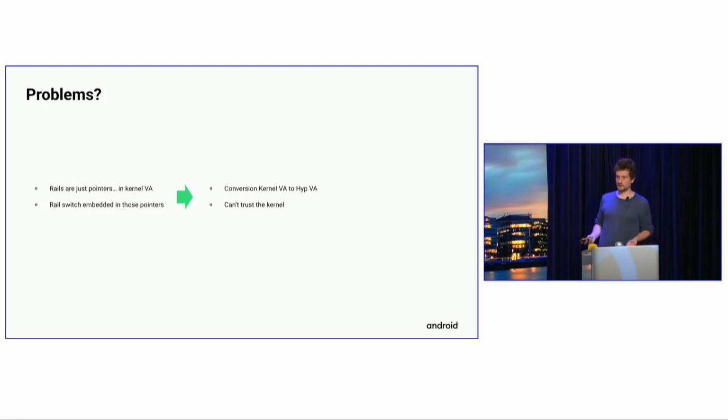Also, the threat model says that we cannot trust anything coming from the kernel. We cannot trust that the kernel will not try to modify those addresses so that the hypervisor will suddenly write somewhere else, to some places it's not allowed to. So it's not something we can use. So overall, it's impossible for us to share the links to those rails.